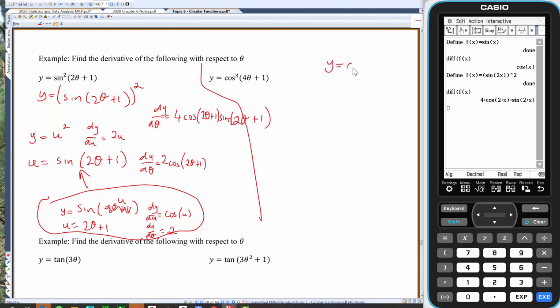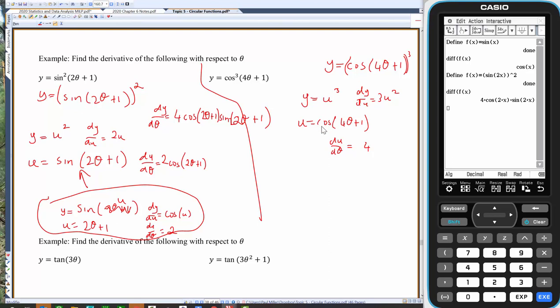y equals cosine of 4 theta plus 1 all cubed. All right, let's do the u sub. y equals u cubed, where u is equal to cosine of 4 theta plus 1. dy/du is equal to 3u squared, and du/d theta, after the u sub, has 4 coming out the front.